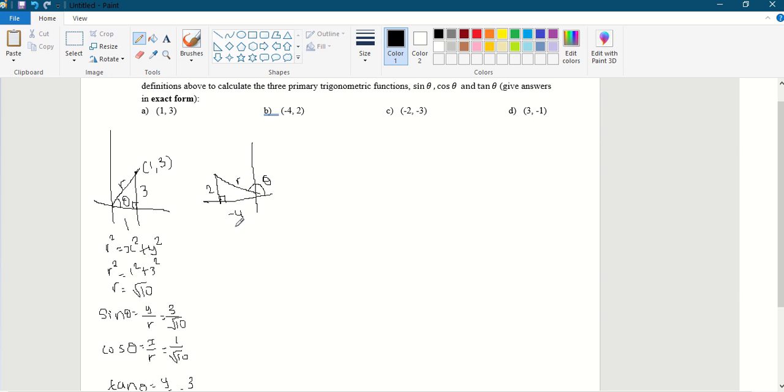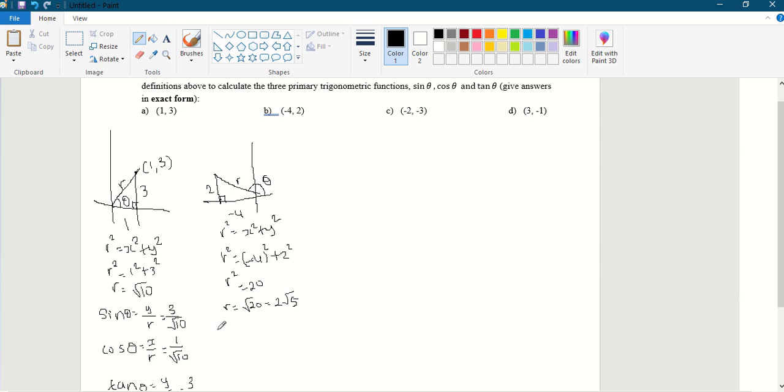r is unknown, so we can again find r using r squared equals x squared plus y squared. In our case, r squared equals negative 4 squared plus 2 squared, so r squared will be 16 plus 4, 20. So r equals square root of 20, or you can say it is 2 root 5.